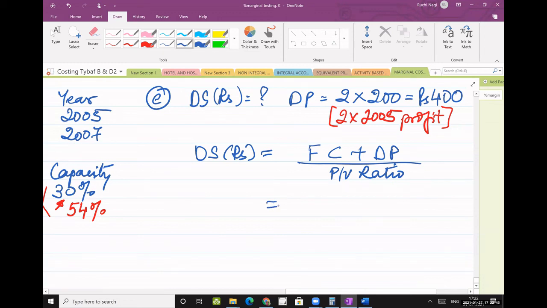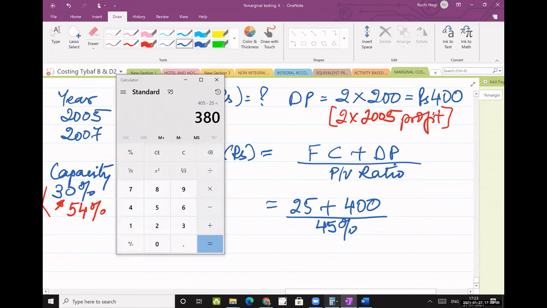So desired sales, fixed cost 25, desired profit 400, divide by PV ratio 45%. Solve this. 425 divided by 45, press the percentage sign.